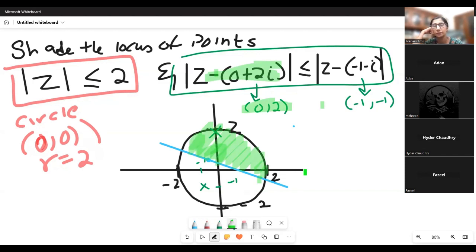So you shade that part of the perpendicular bisector which has the point with the lesser than symbol, and also you have to shade inside the circle. It's going to look like this. All right, moving on.